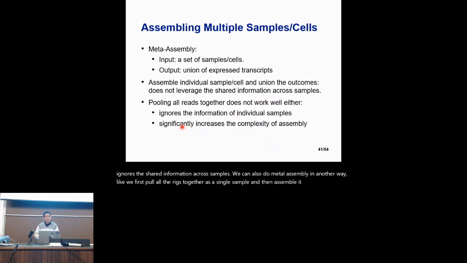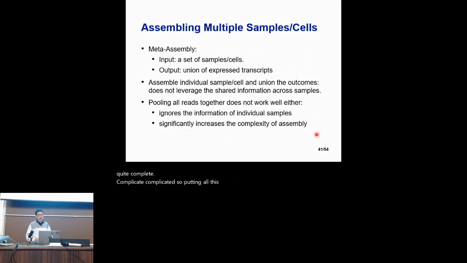But this approach does not work well either because it ignores the information of individual samples. And also, it will significantly increase the complexity of assembly. Assembly from a single sample is already quite complicated, so putting all the reads together is not a good idea.